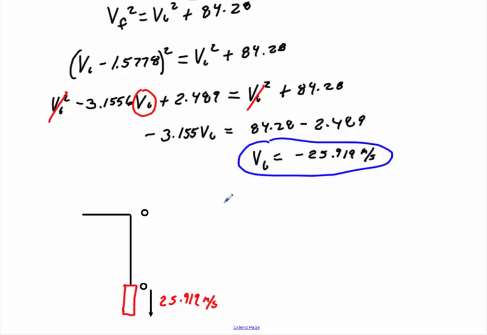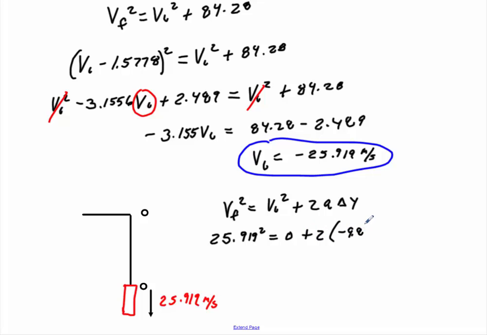So we can go back to the equation Vf squared is equal to Vi squared plus 2 times our acceleration times delta y. Here this will be our final velocity, whatever time it takes to go from here to here. So we put in 25.919 squared is equal to 0 plus 2 times negative 9.8 times delta y.